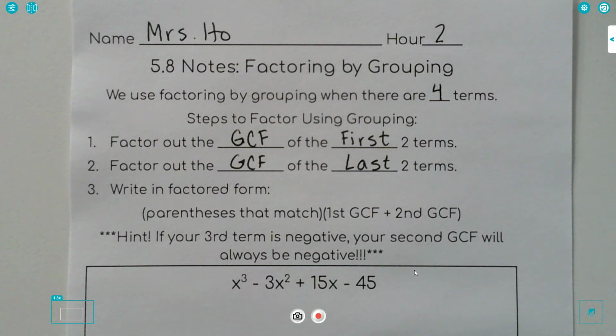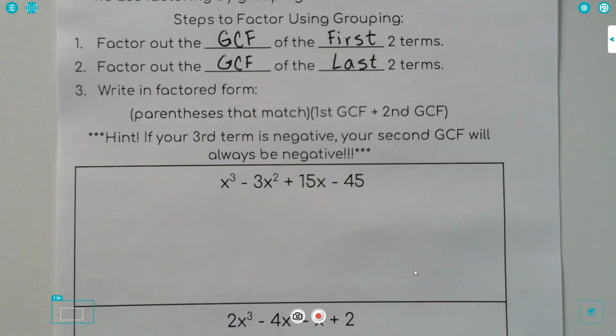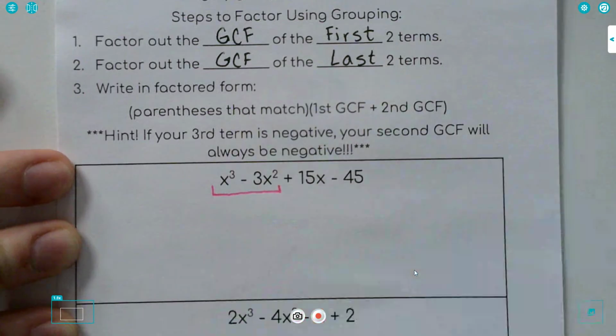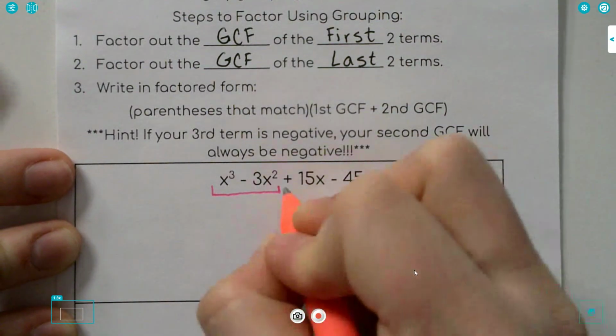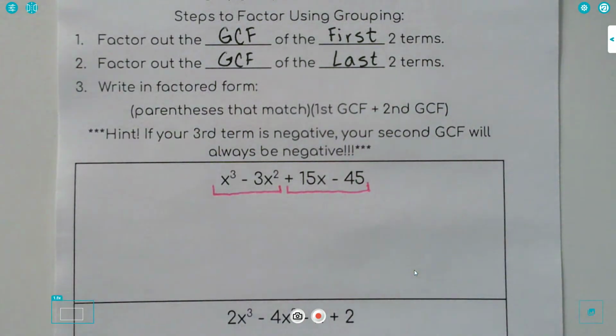So I'm going to come down to our first example, and I am going to split essentially into 2 groups. So x cubed minus 3x squared is one group, and then the 15x minus 45 is another group. So you are thinking about the first 2 terms and the last 2 terms.